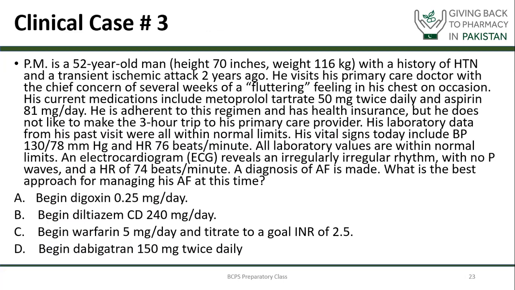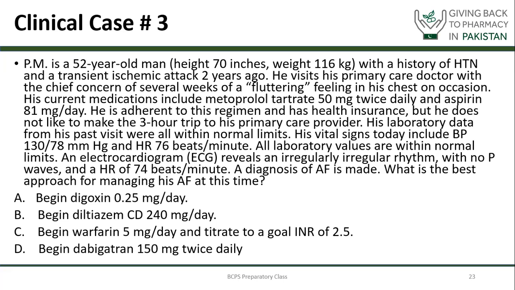PM is a 52-year-old man, height 70 inches, weight 116 kg, with a history of hypertension and a transient ischemic attack 2 years ago. He visits his primary care doctor with the chief concern of several weeks of fluttering feeling in his chest on occasion.